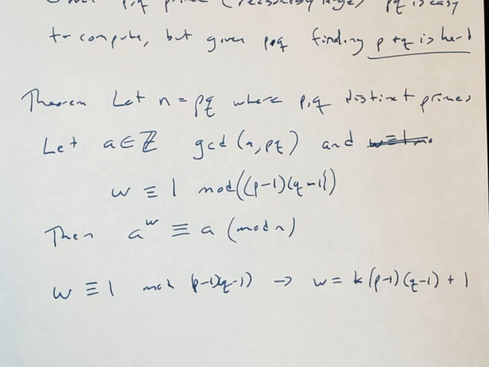So when I take A and raise it to the W, and I go mod, my brain says what I should be doing is mod N, right? What does Euler's theorem tell me about working mod N?